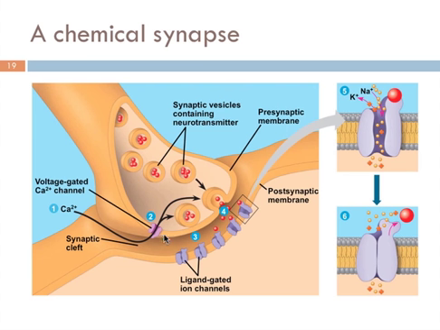So the opening of calcium ion channels allows calcium to rush into the presynaptic neuron, and the influx of calcium triggers the synaptic vesicles to fuse to the cell membrane and release tiny bunches of neurotransmitters into the synaptic cleft.